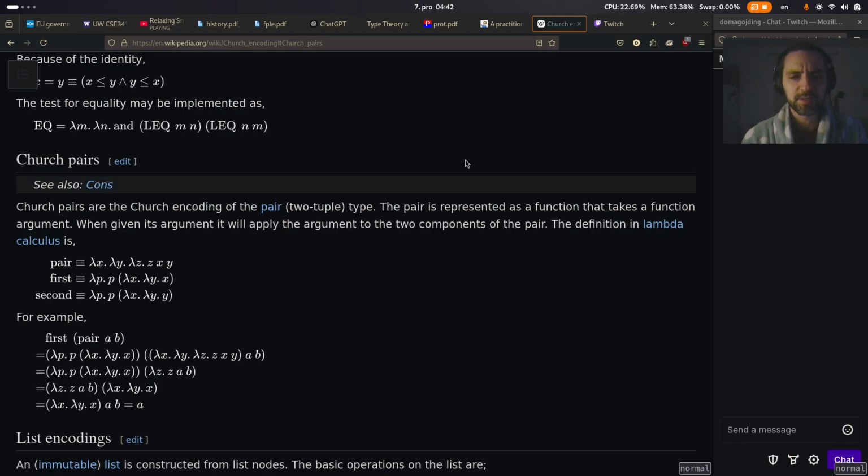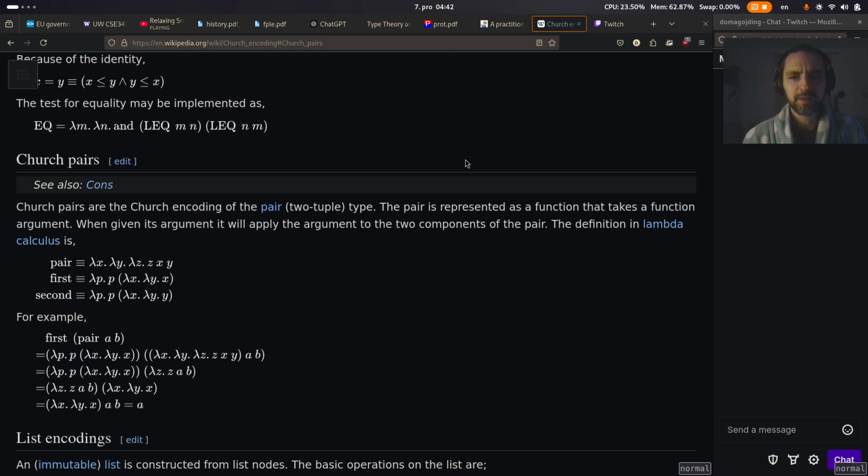So the pair is represented as a function that takes a function argument. So when given its argument, it will apply the argument to the two components of the pair.